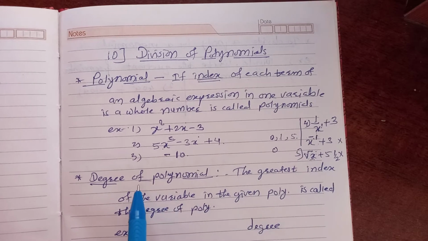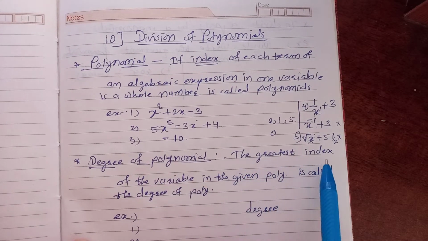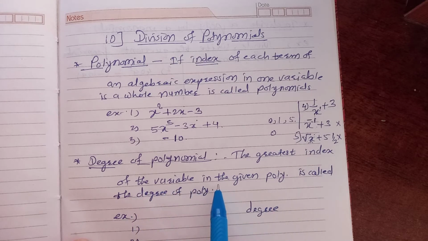Now the next point is the degree of a polynomial. It is very simple. Degree means the greatest index of the variable in the given polynomial. Greatest index means you have to find the greatest power.